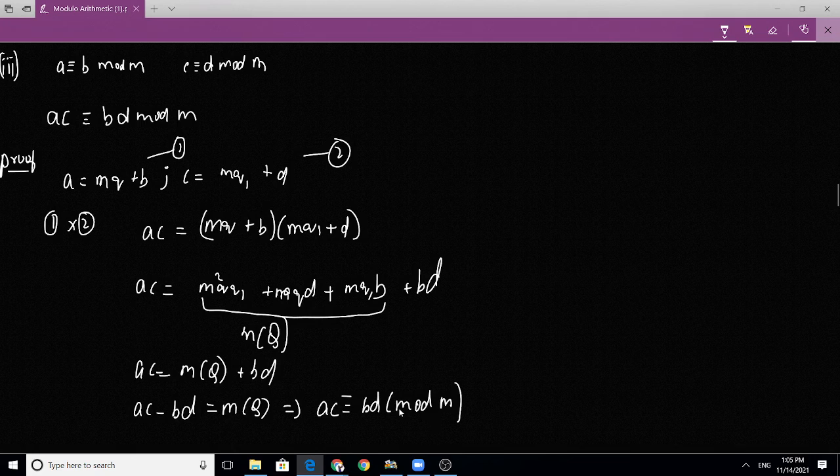A really simple proof. Whenever you're multiplying something like mq plus b and mq1 plus d, it's obviously a general fact that the only possible case where you do not have an m is b into d. Simple. So this is the third property, and let's go to the fourth.